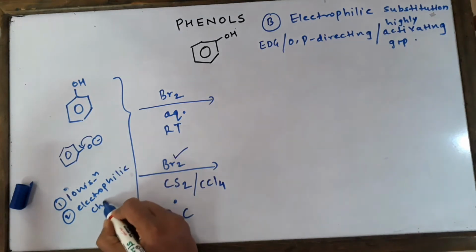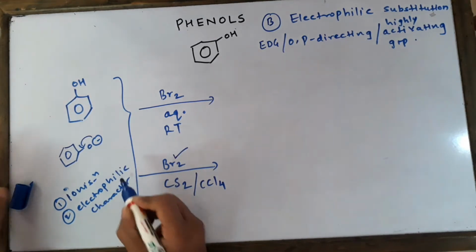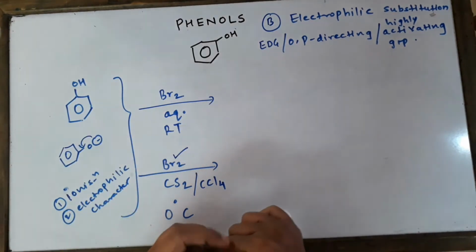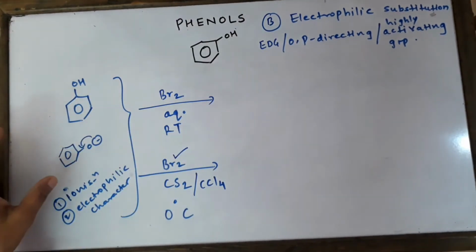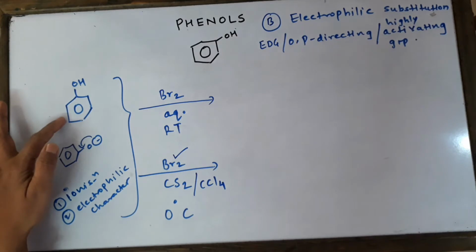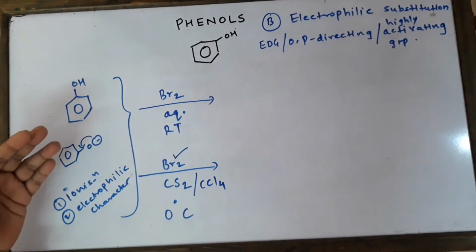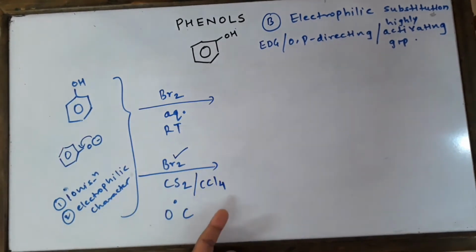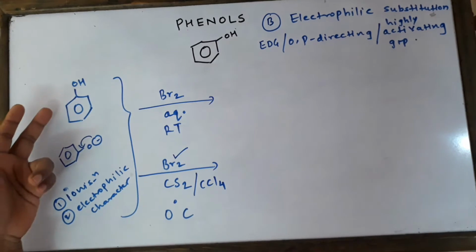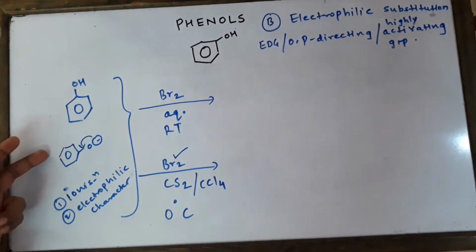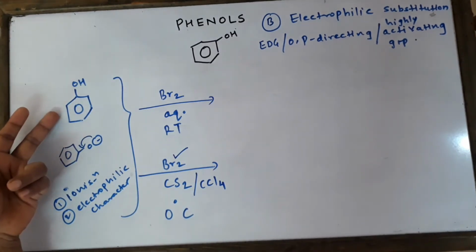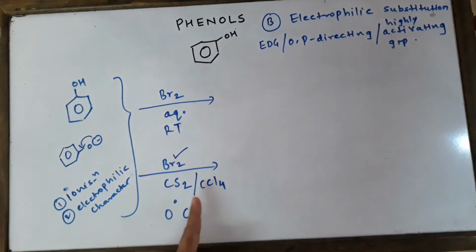Okay, so what am I going to write in the exam? If you take aqueous solution, then phenol will be highly ionized, phenoxide is more reactive, and bromine is also highly electrophilic. But if I use carbon disulfide, phenol will not break down easily, and phenol is not as reactive as phenoxide is towards these reactions.